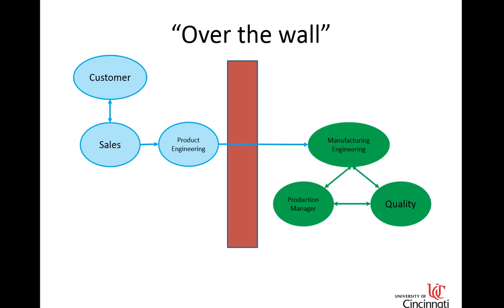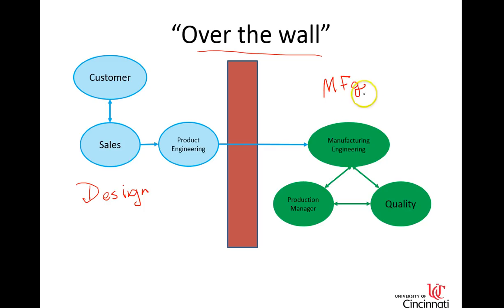Now, oftentimes, what happens is that the manufacturing and design process are treated as completely separate entities. And what that has led to in the past, traditionally, has been called over-the-wall design or over-the-wall manufacturing. So basically the design team is different from the manufacturing team.